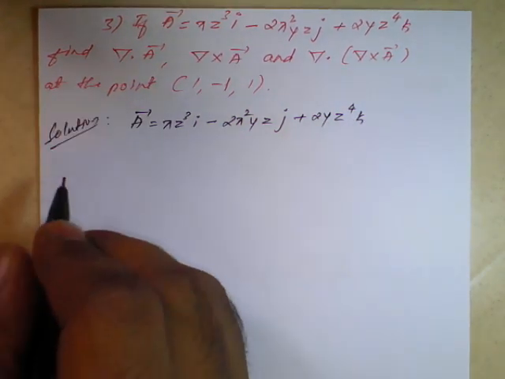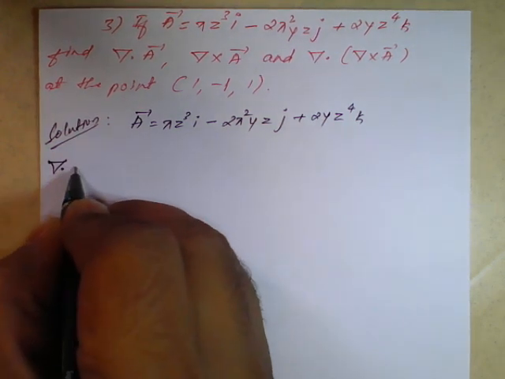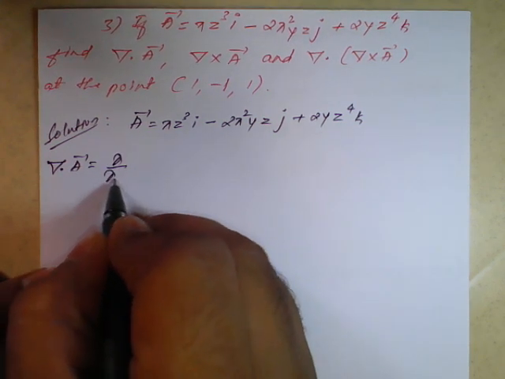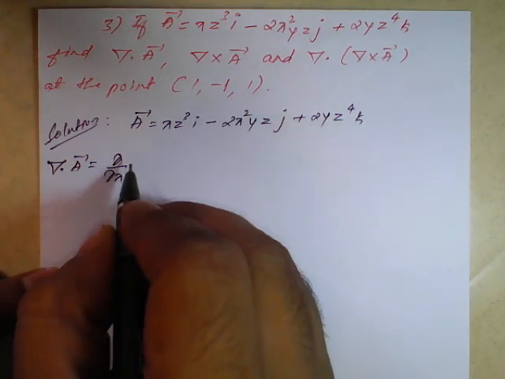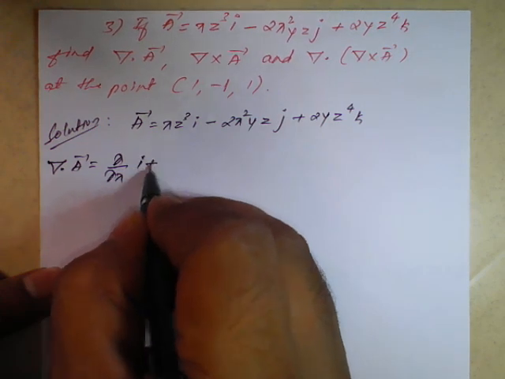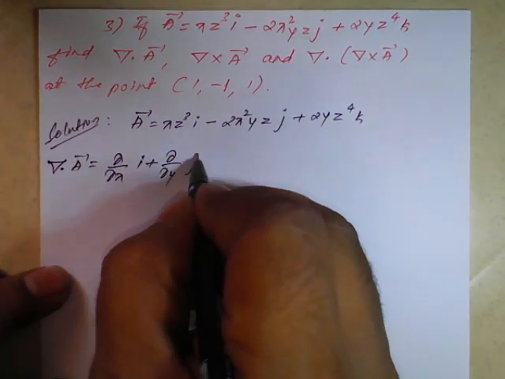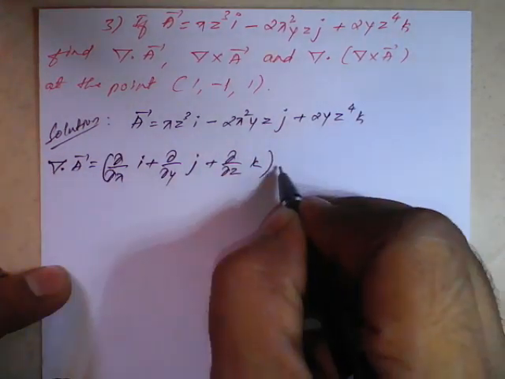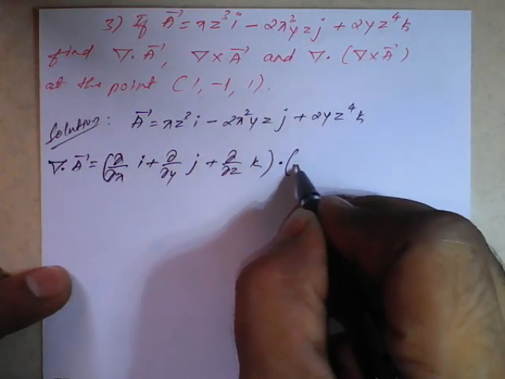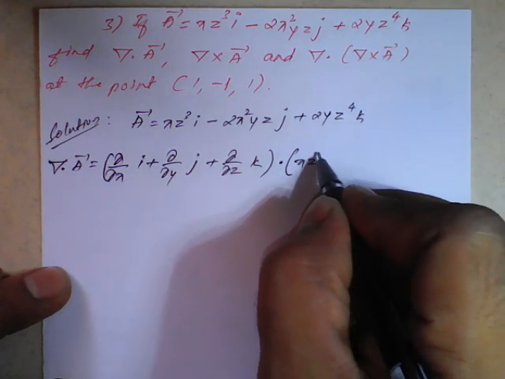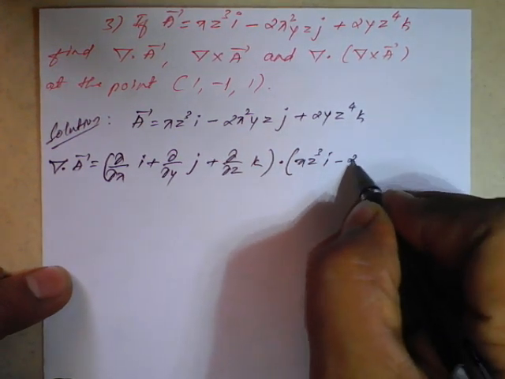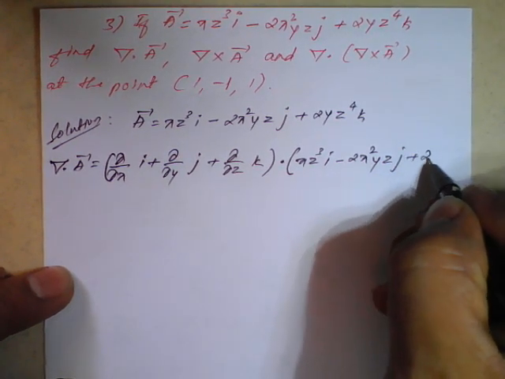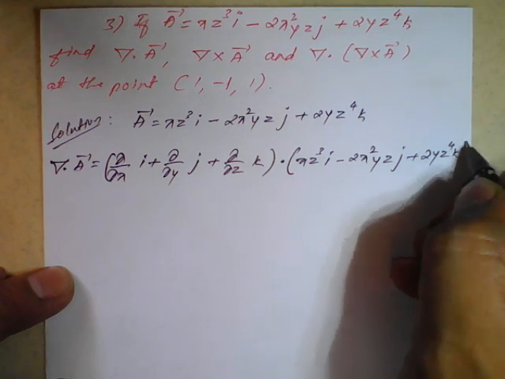So now we'll start with the first one. Del dot vector A, that is del is nothing but partial derivative with respect to x of i plus partial derivative with respect to y of j plus partial derivative with respect to z of k, dot the vector A values: xz cube i minus 2x square yz j plus 2yz raised to 4 k.